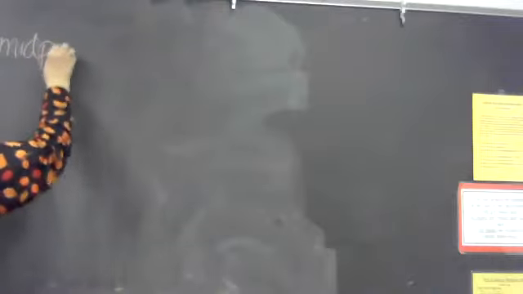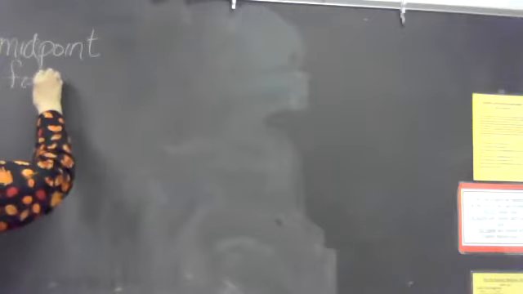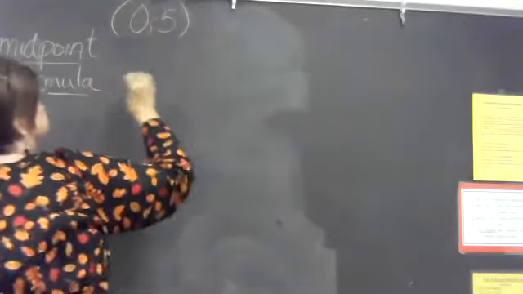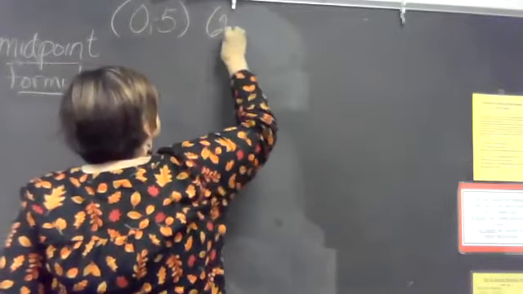The midpoint formula is quite easy, although it looks funky when you see it. Okay, here's the midpoint formula. And our points were 0, -5, and 2, -3.